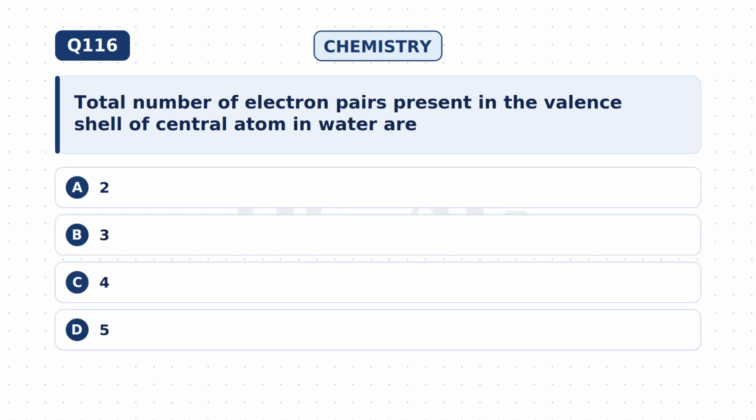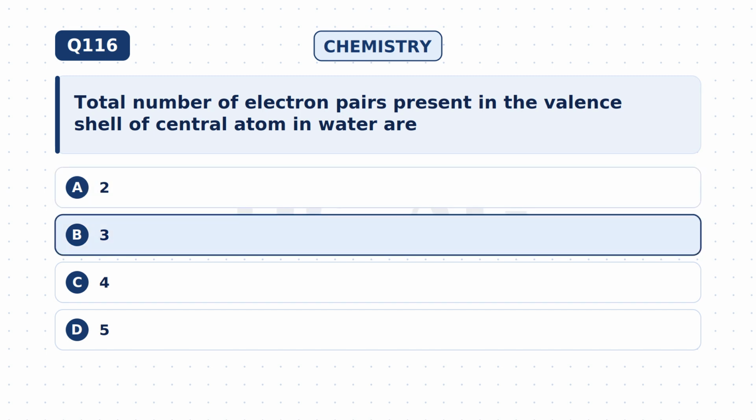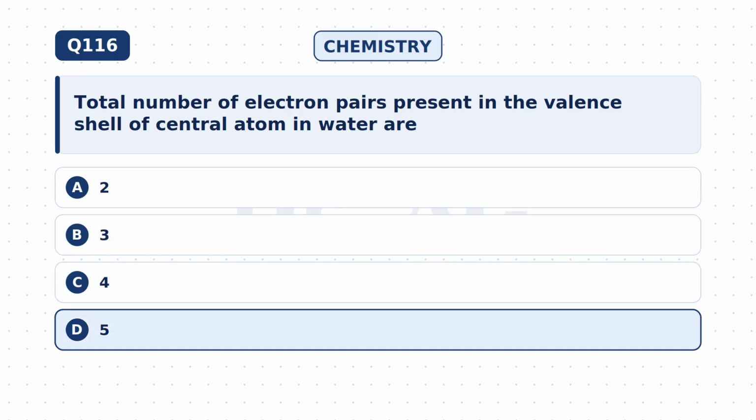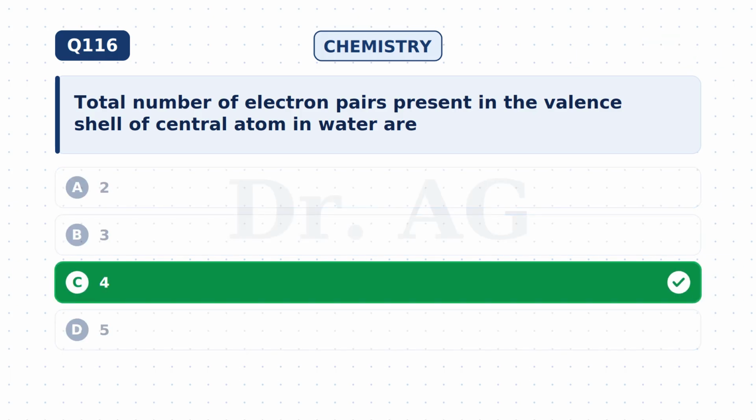Question 116. Total number of electron pairs present in the valence shell of central atom in water are Option A, 2. Option B, 3. Option C, 4. Option D, 5. The correct answer is C, 4.